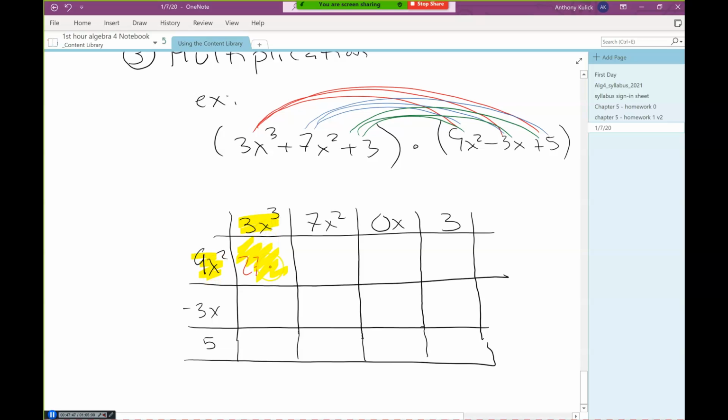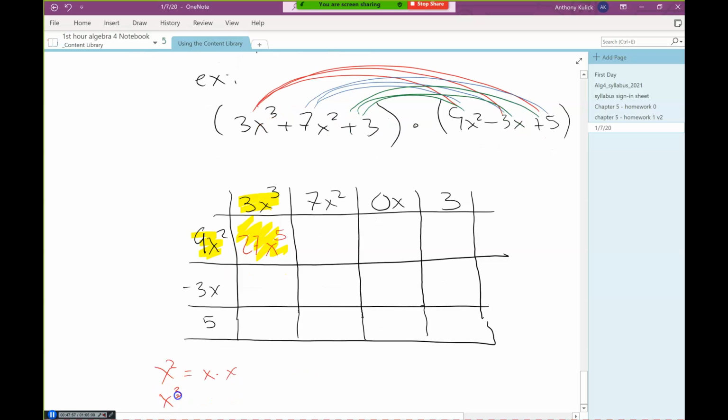So x squared times x to the third is x to the fifth. If that doesn't make sense to you, remember that x squared is really x times x, and x cubed is really x times x times x. So x squared times x times x times x is x to the fifth, right?